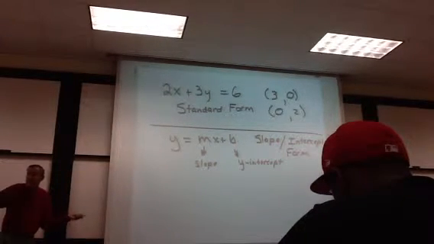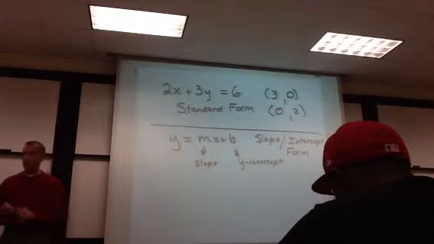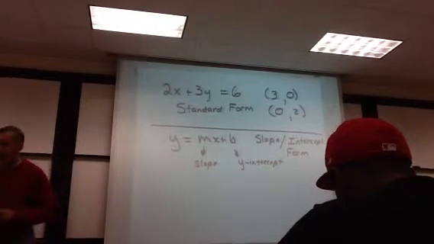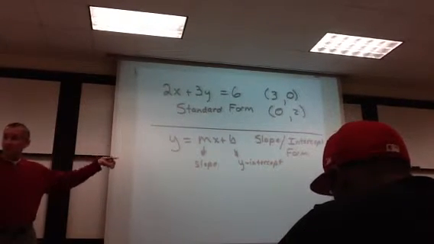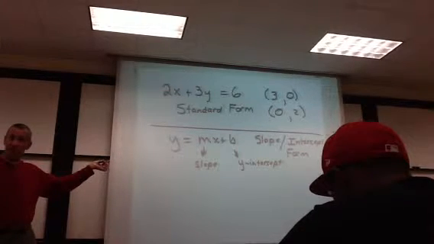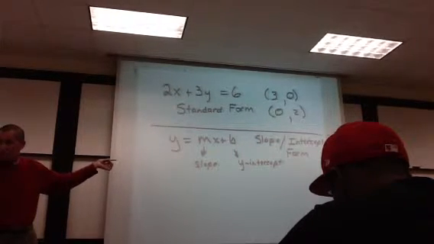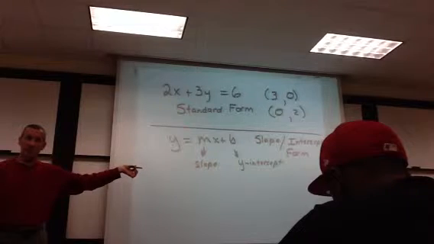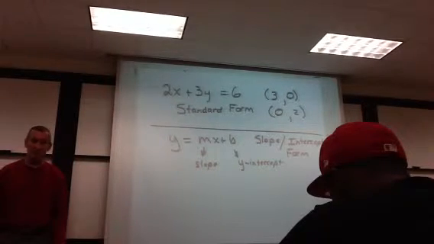So bottom line, if I solve a linear equation for y, like this, then the coefficient of x, the number in front of x, is my slope. There it is, visible. And the constant number at the end is my y-intercept.